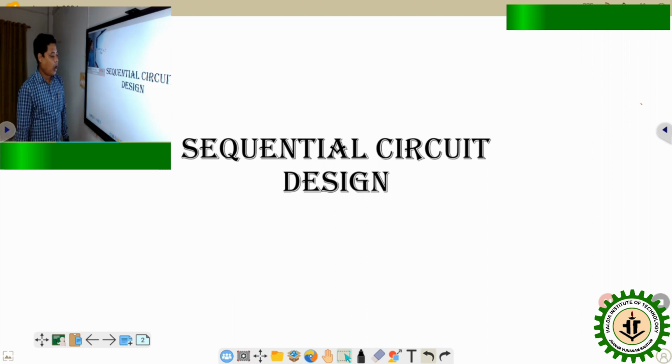That's why the output of the circuit at any time depends not only on the present input but also on the past state as well. So based on this, today I am going to cover the topic of sequential circuit design.